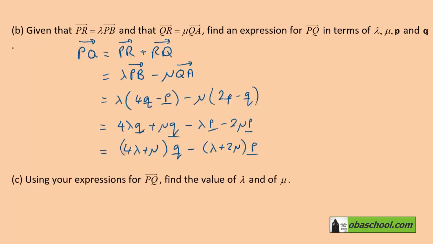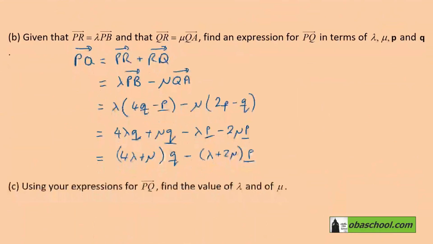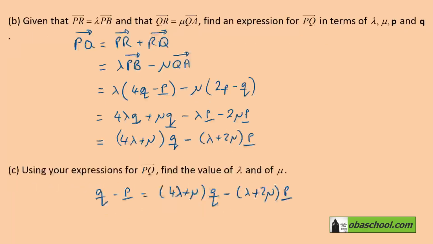So we now want to find the value of lambda and of mu. Now if we go back to here, PQ was q minus p. So q minus p must be equal to (4 lambda plus mu) q take away (lambda plus 2 mu) p.